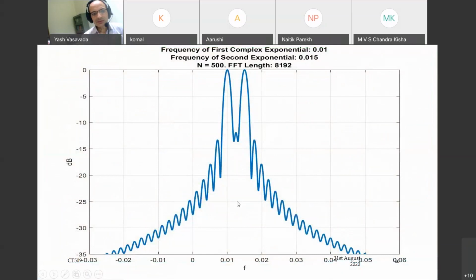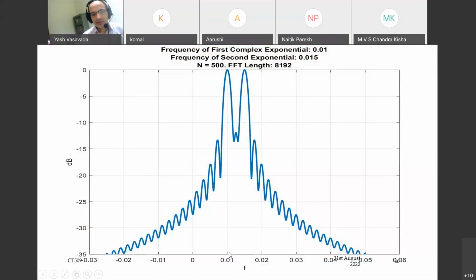So here I have used the same DFT-based method of estimating the frequency of arrival. I am assuming that there are only two signals present and their powers are identical. I am plotting this as a function of small f. The unique range is only minus 0.5 to 0.5, but I am narrowing it down to about minus 0.03 to plus 0.06 or 7.